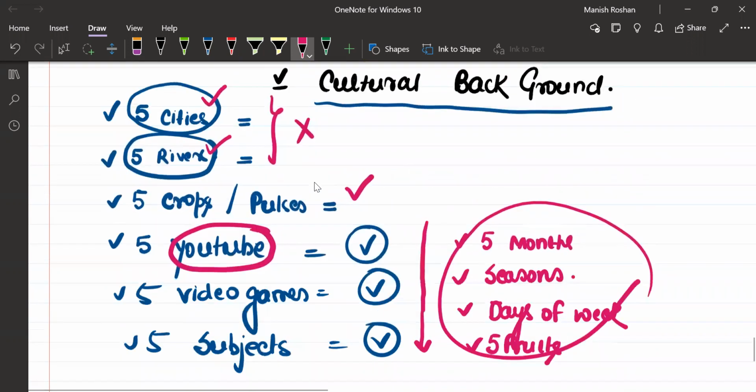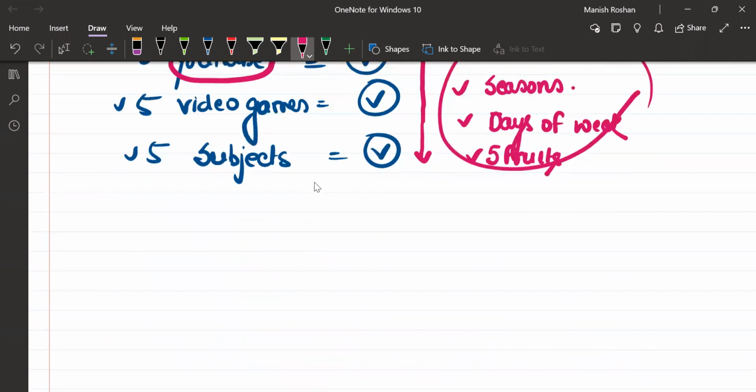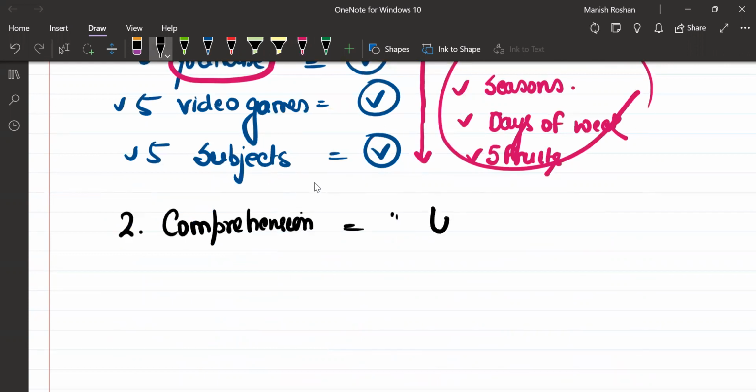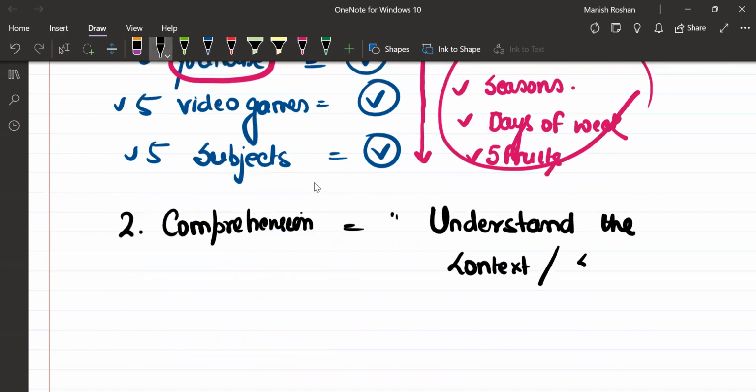Once the patient is able to answer, get into the next question, that is comprehension. Comprehension means to understand.